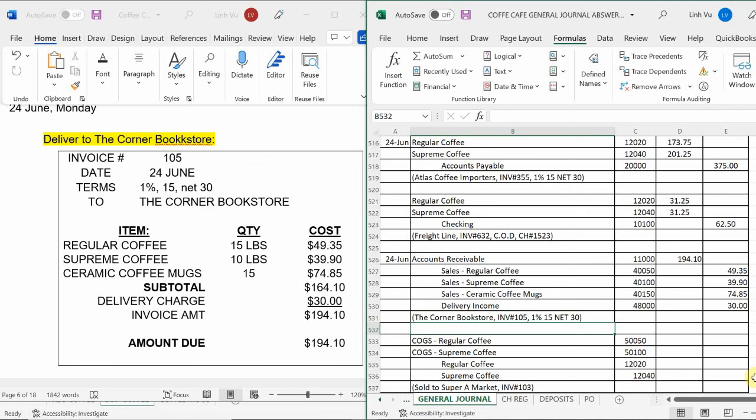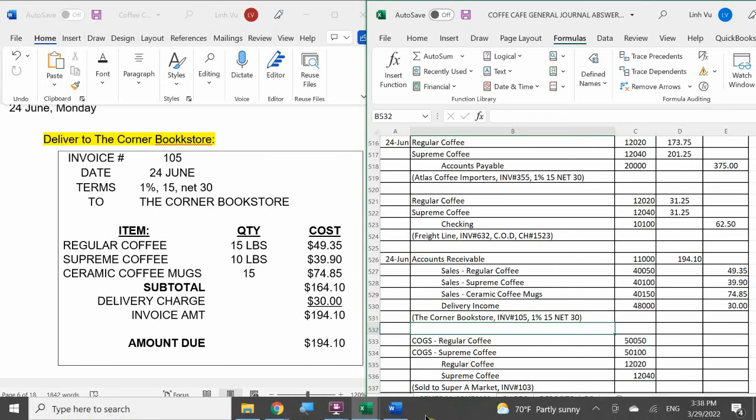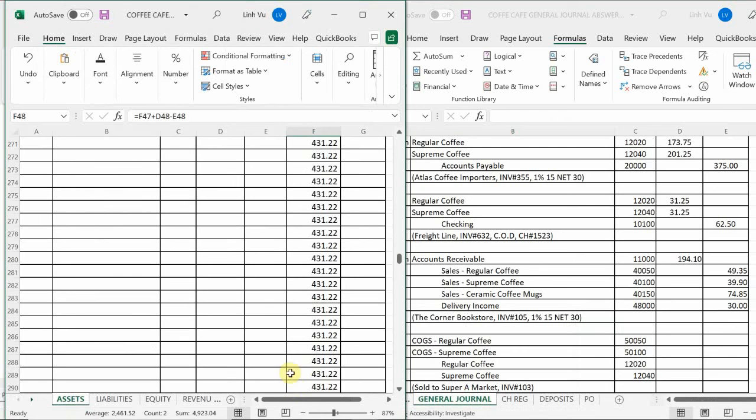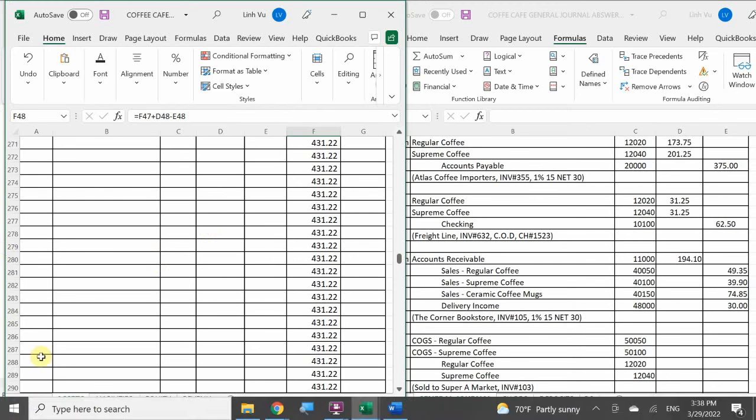We go to the ledger. So accounts receivable.